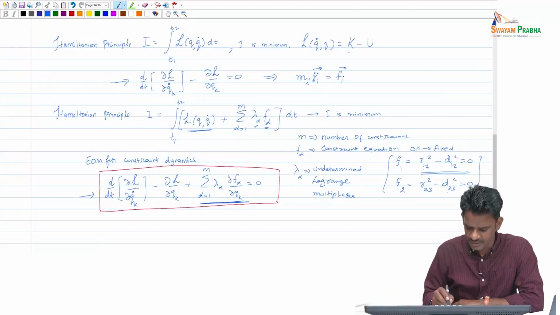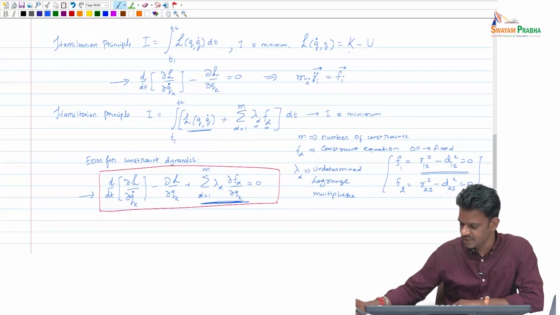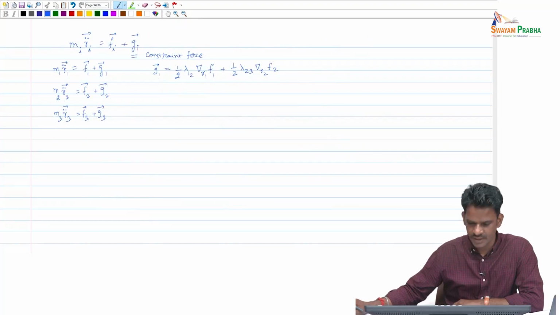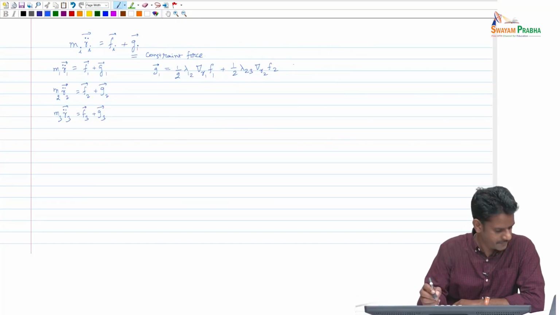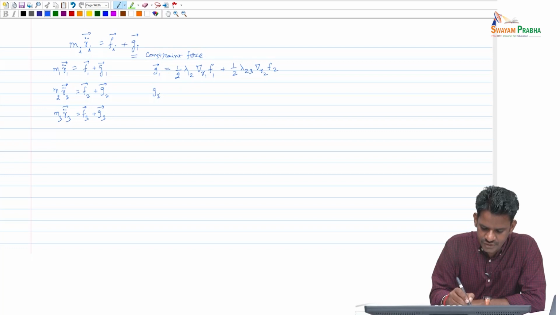So, these are the forces. Here we have two constraints, 1 and 2. So, we expand this term for 2 such constraints, and those are the G1s. And similarly, you can write the G2. This is the constraint force acting on the oxygen atom.